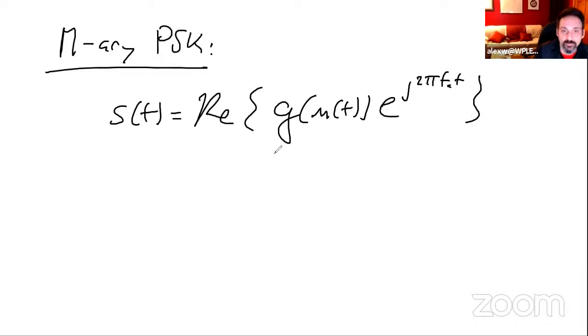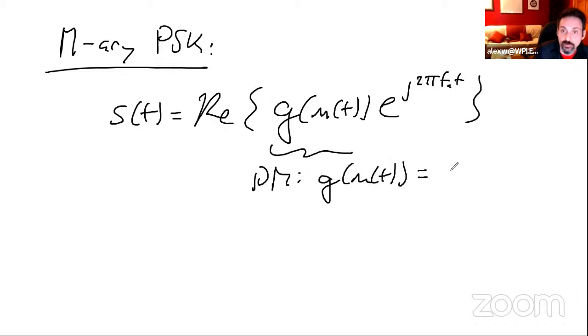Well, what do we know about this? For a phase modulation, so PM, our mapping, g of m of t, is going to be equal to A_C, some sort of amplitude constant.